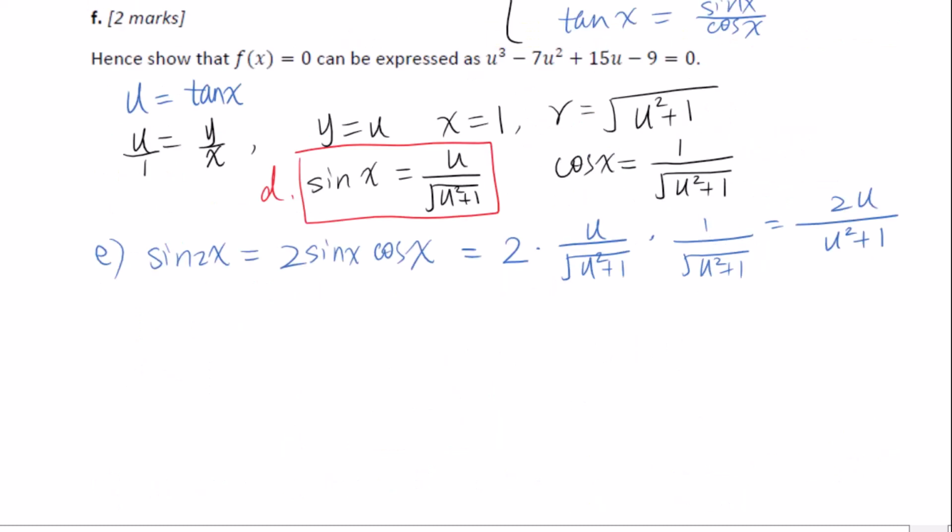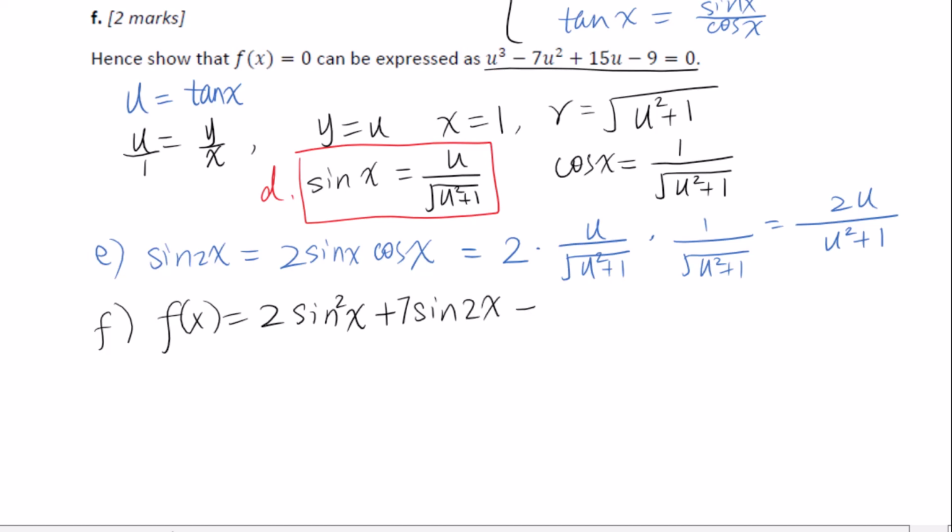Let's go to F. Hence show that f of x equals 0 can be expressed as this. We know f of x equals 2 sine squared x plus 7 sine 2x plus tangent x minus 9.